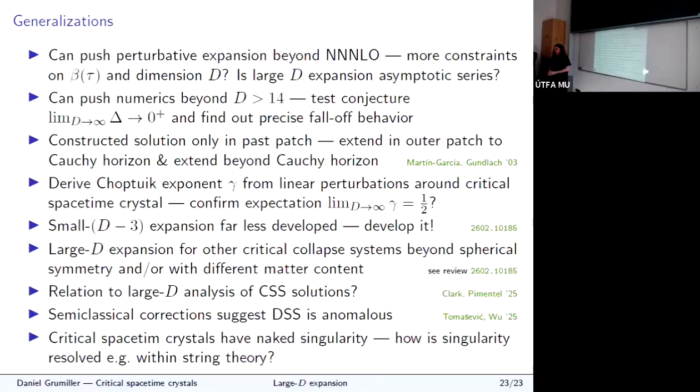For instance? Yeah, there is a series of papers by Roberto Emparan where they consider various applications of large D in gravity.